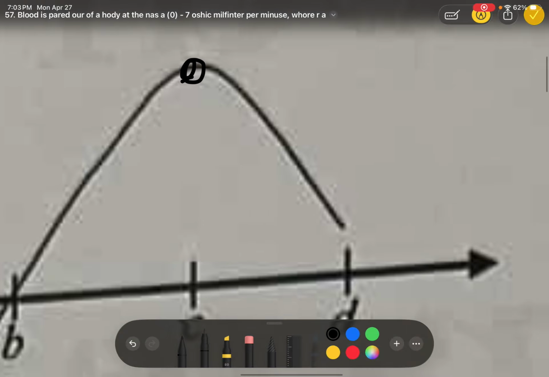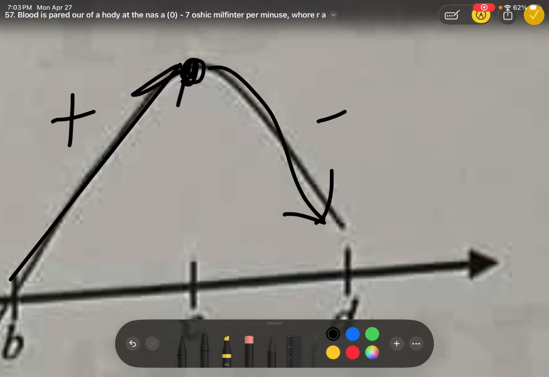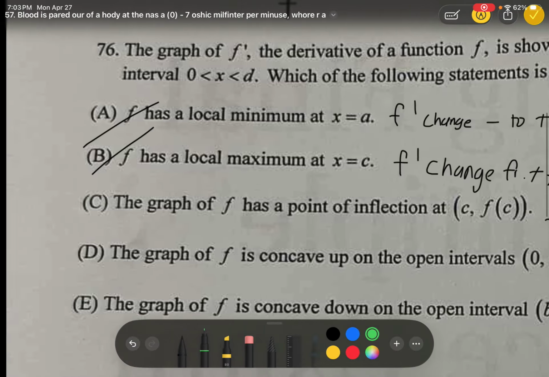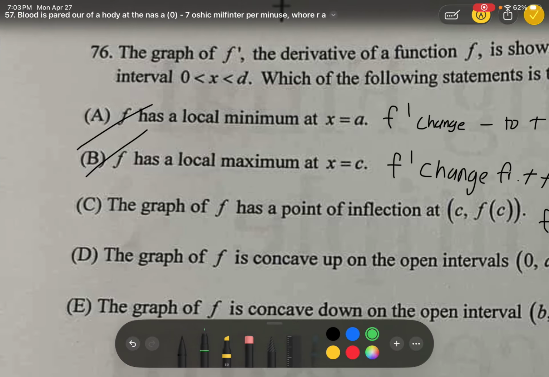Alright, so is this true? Does our slope change from negative to positive or positive to negative? We go from positive to negative, so yes, this is true.